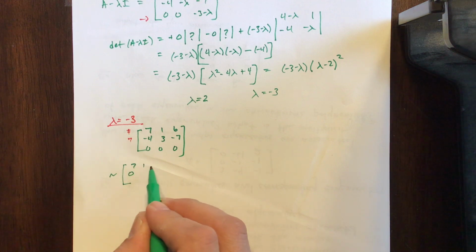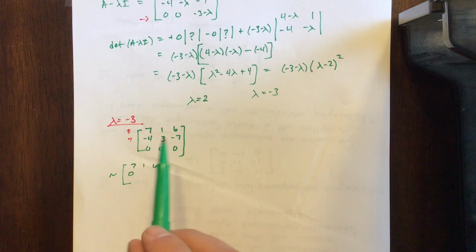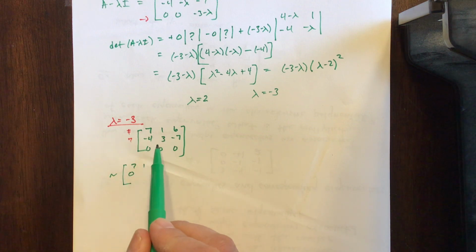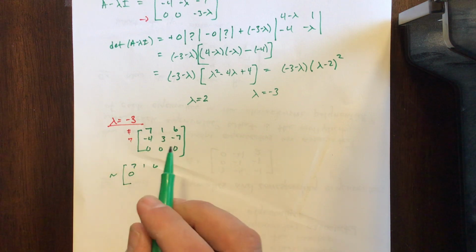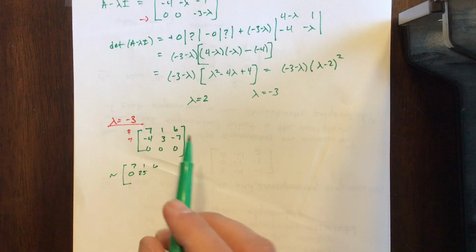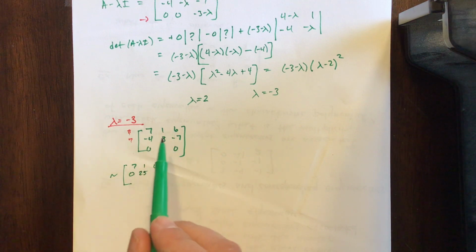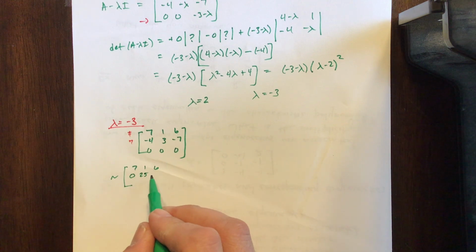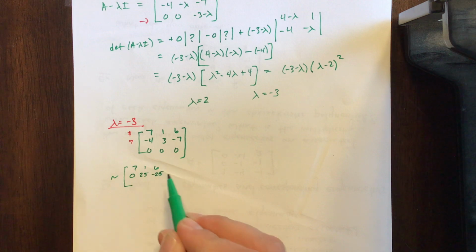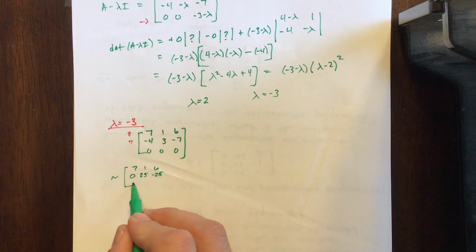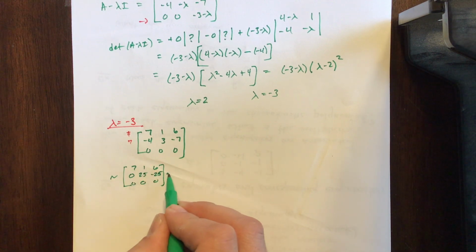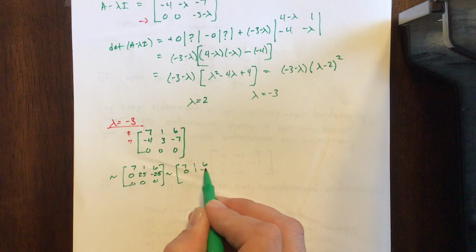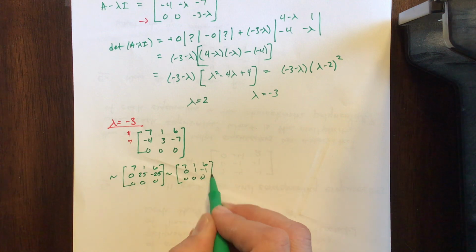This is 7, 1, 6. 4 plus 21 is 25. This is 24 plus a -49. That's a -25, 0, 0, 0. So that's 7, 1, 6, 0, 1, -1, 0, 0, 0.